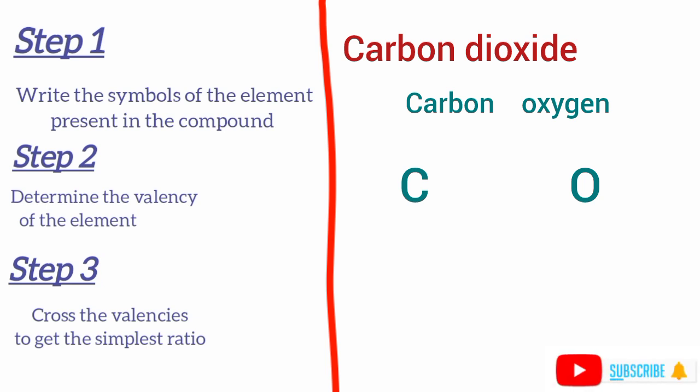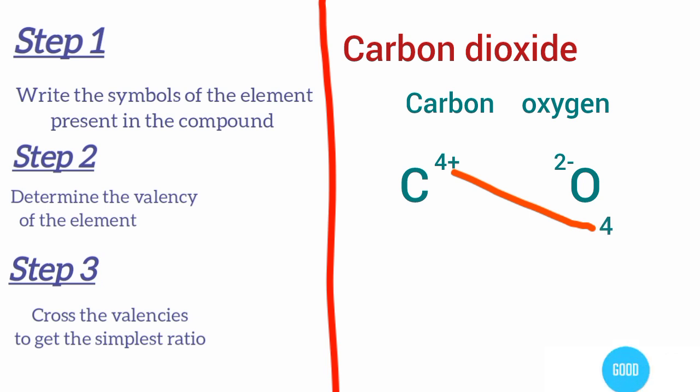We know that the valency for carbon in carbon dioxide is +4, and the valency of oxygen is -2. Next, we cross the valencies to get the simplest ratio. So, the 4 on carbon comes to oxygen, and the 2 on oxygen comes to carbon.